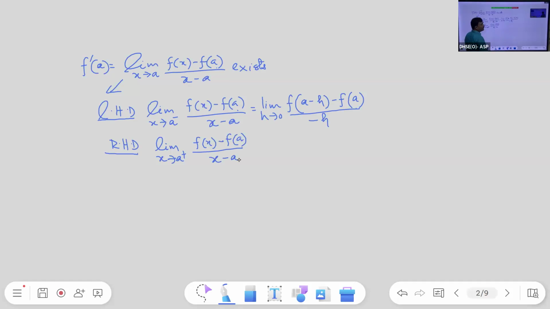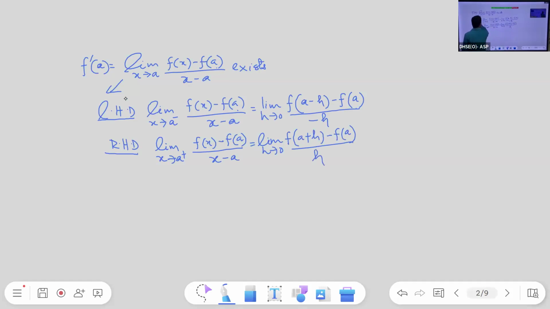X approaching a from the right hand side means x is taking values slightly greater than a. So we can write limit h tending towards 0, f of a plus h minus f of a upon a plus h minus a, that is h.